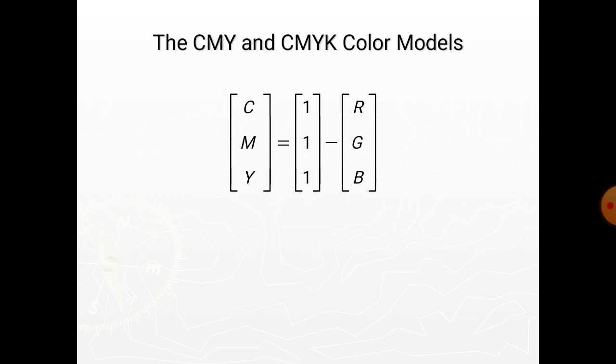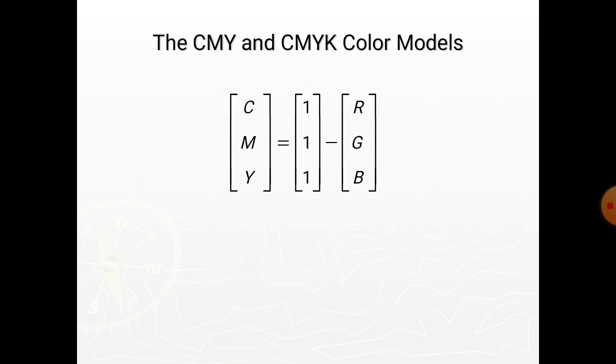Now the CMY and CMYK color models. Cyan, magenta and yellow are the secondary colors of light, or alternatively the primary colors of pigments. For example, when a surface coated with cyan pigment is illuminated with white light, no red light is reflected from the surface.